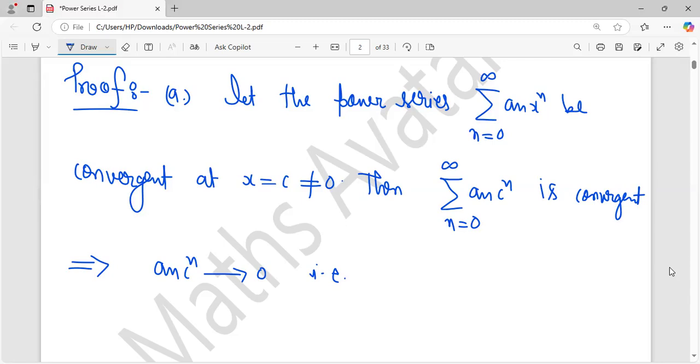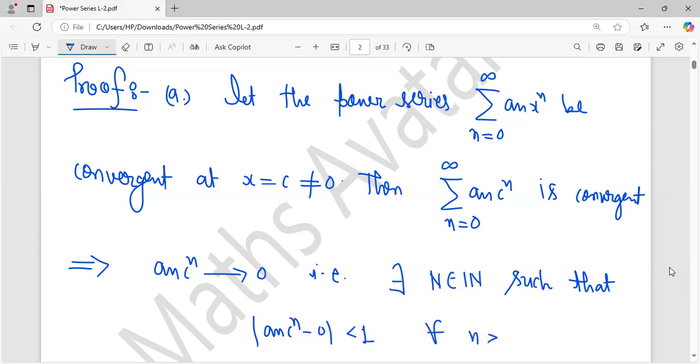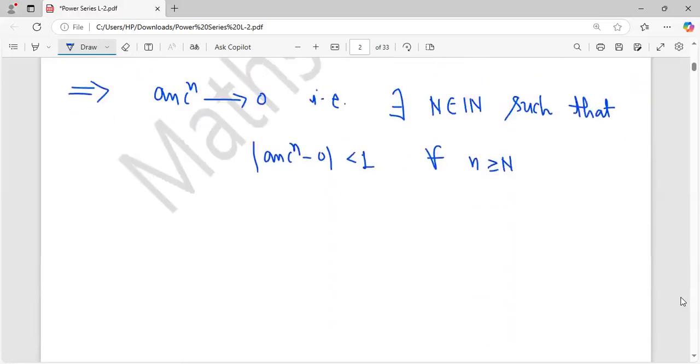It means there exists a capital N belonging to the natural numbers such that the absolute value of a n c to the power n is less than 1 for all n greater than capital N. So what does it mean?